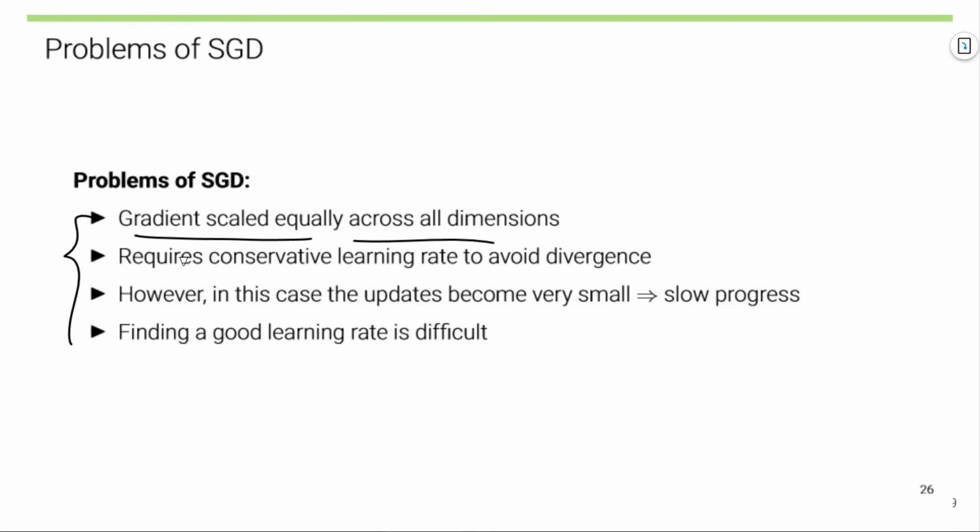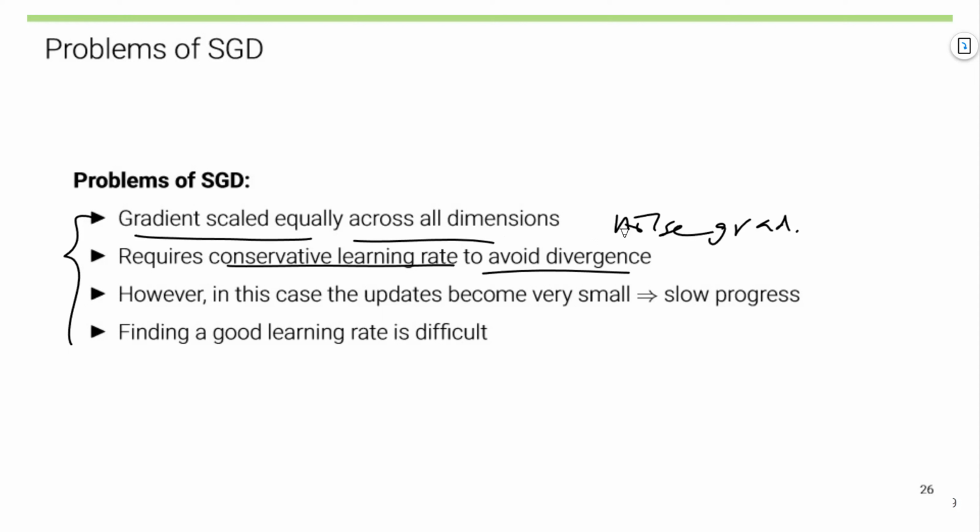Another problem of stochastic gradient descent is that it requires a conservative learning rate to avoid divergence. Why do we need a conservative learning rate? Because we are using noisy gradients. We need to set a conservative learning rate, otherwise we could take a big step in the wrong direction.